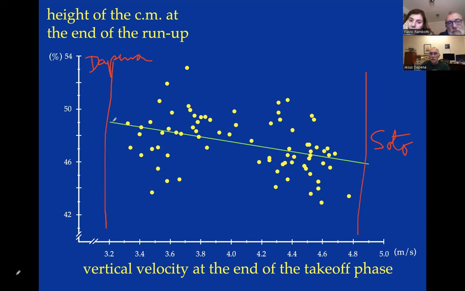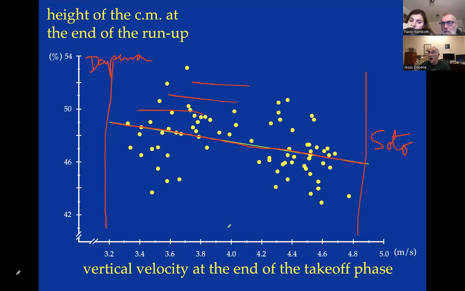So this regression line, this green line here, that is average. So we know that if you fall on that green line, well, now it's a red line, if you fall on that line, you're too high. If you're higher than that line, if you're here or here or here, you're even higher. You're farther away from the optimum.